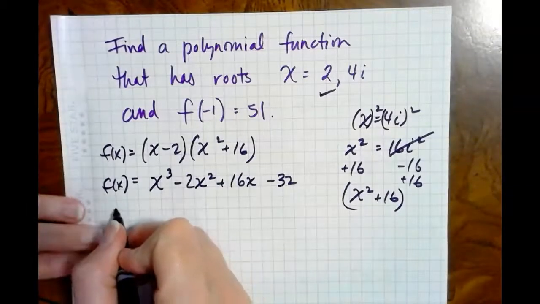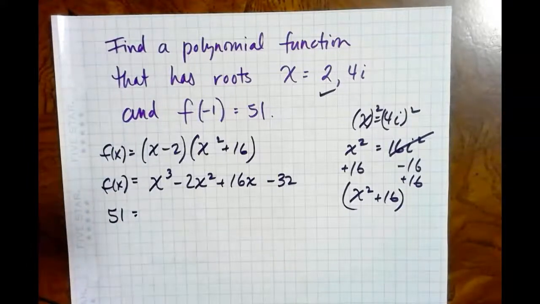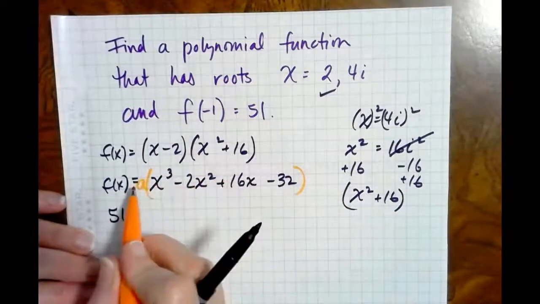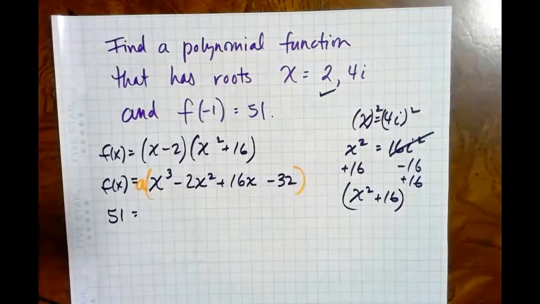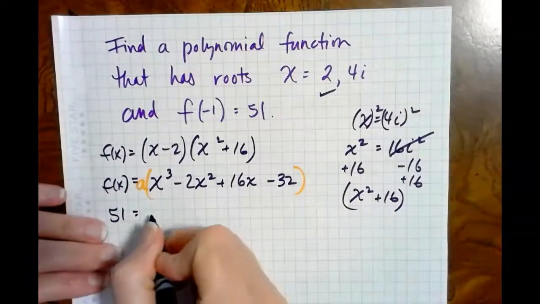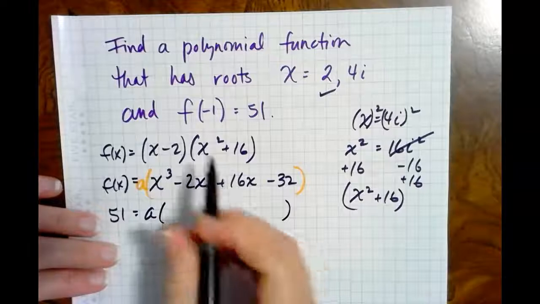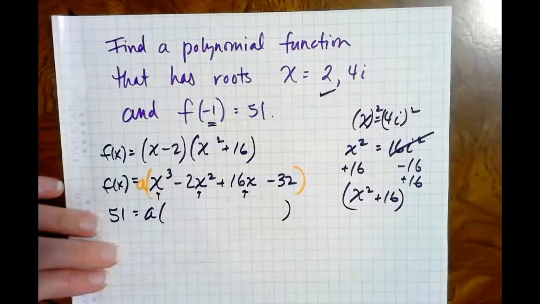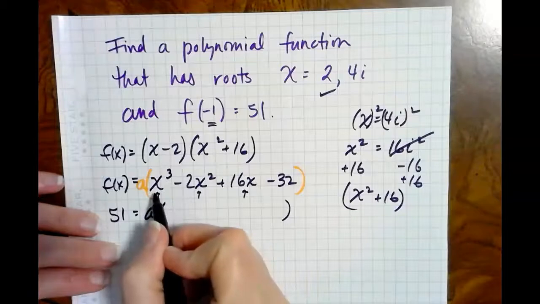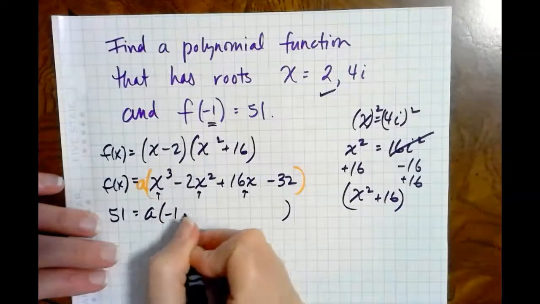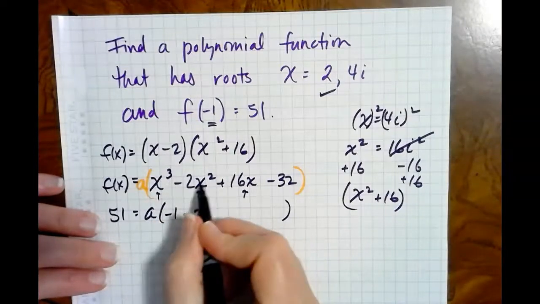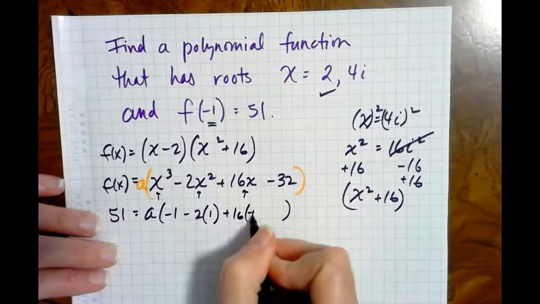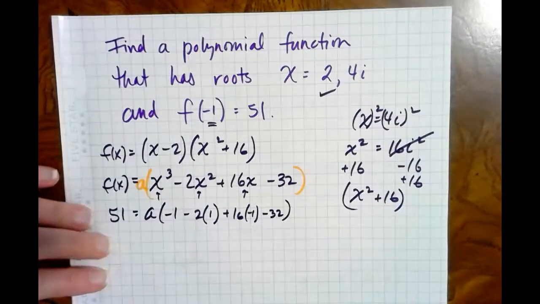So let's plug it in, and really what we're after is an unknown coefficient a, the leading coefficient up there. So a times, and we're going to plug in that -1 for x all the way through the polynomial. So -1 cubed is -1, minus 2 times -1 squared, which is 1, plus 16 times -1 minus 32.